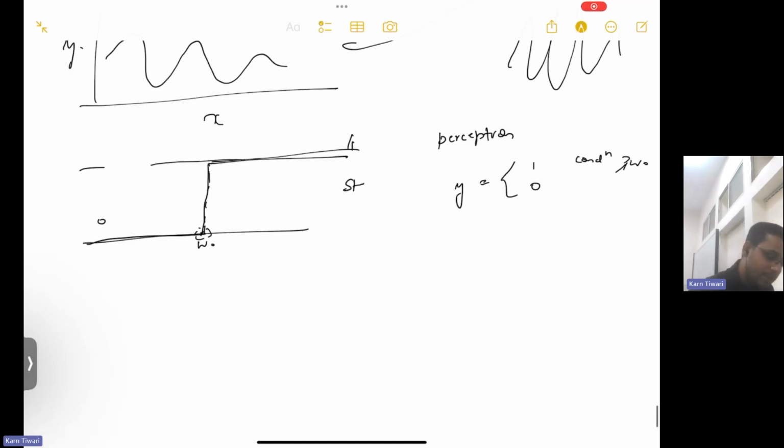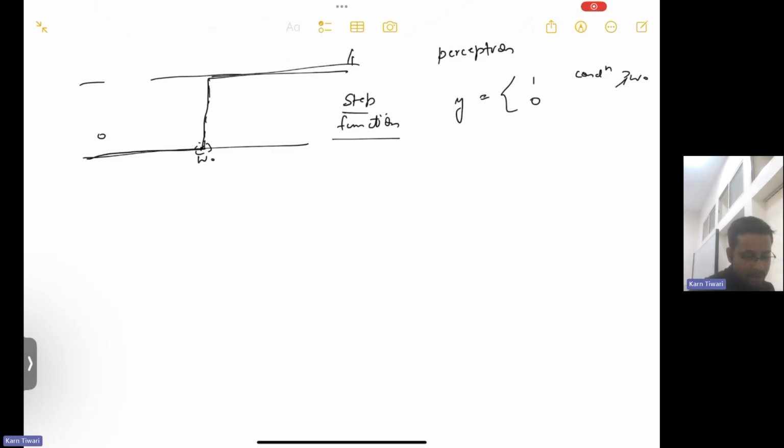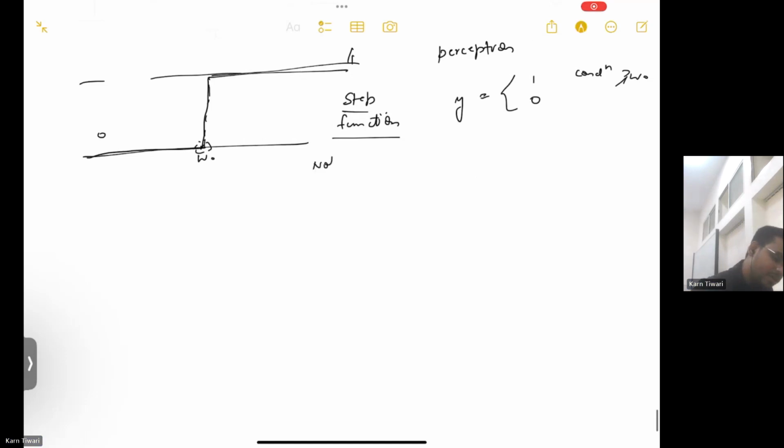This is called a step function, and the thing about a step function is that it is not differentiable at W naught because there is a sharp rise and the left-hand limit does not equal the right-hand limit. For differentiability, the left-hand limit should equal the right-hand limit, which should equal the function value.